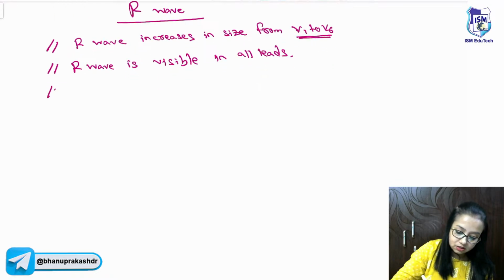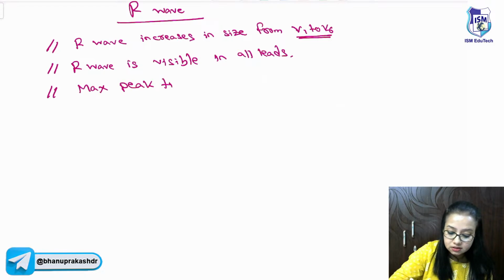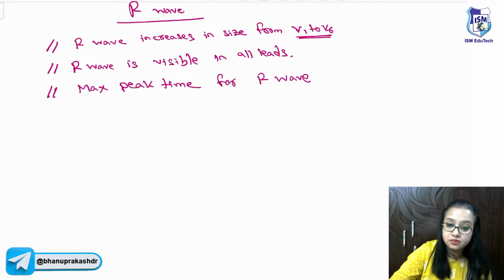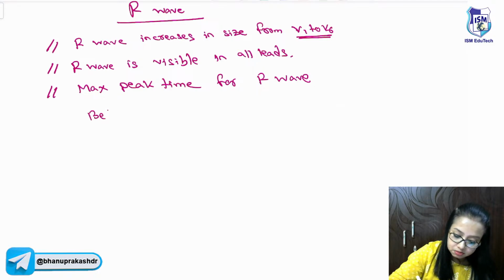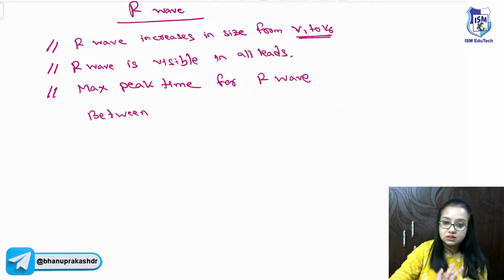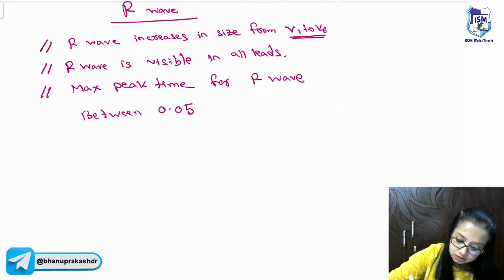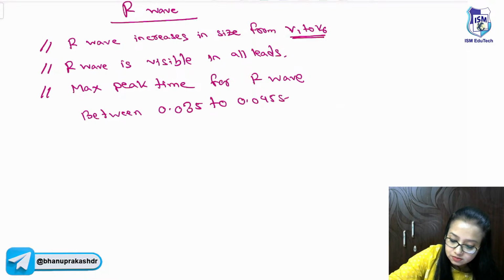Now the peak time for the R wave, taking both the right ventricle and the left ventricle, is between 0.035 to 0.045 second.